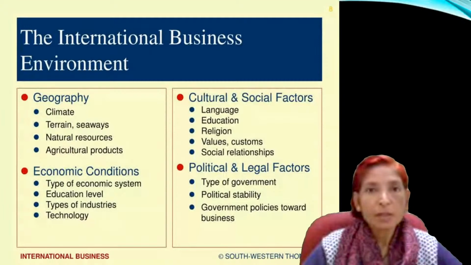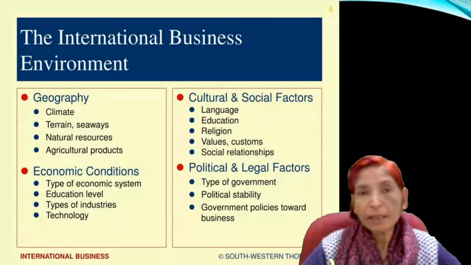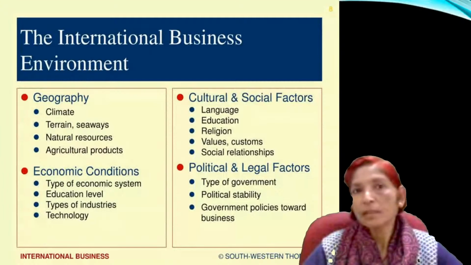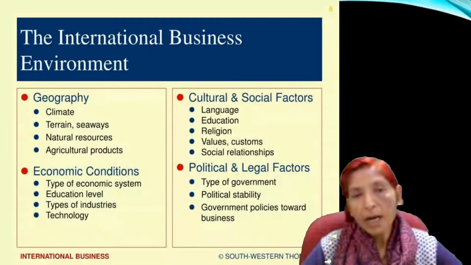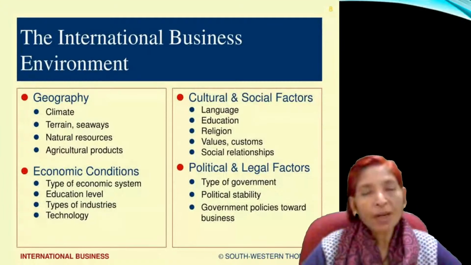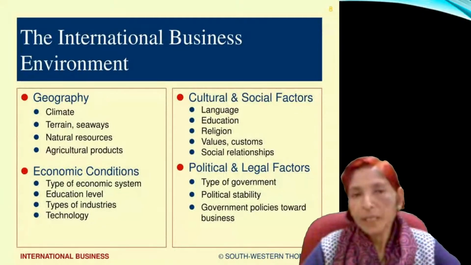If there are political disturbances in our country or any country, it affects international business enterprises adversely. And next is government policies towards businesses. What type of policies is the government adopting for encouraging business enterprises?